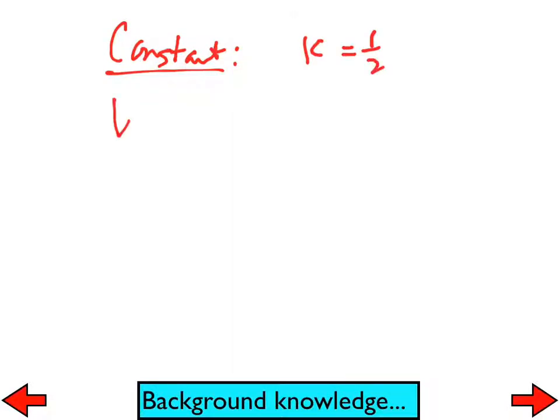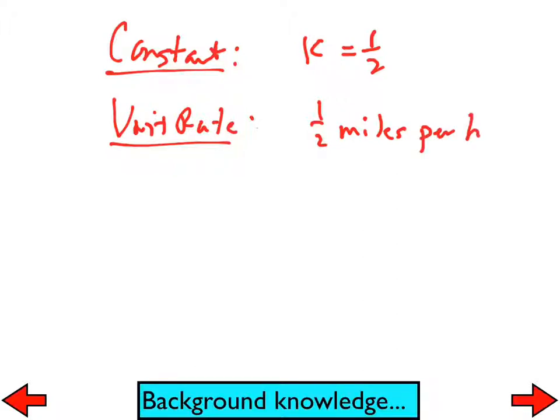Look, if we know that the constant of proportionality is, I don't know, k equals 1/2, then the unit rate might be something like 1/2 of a mile per hour, depending on whatever the context of the problem is.